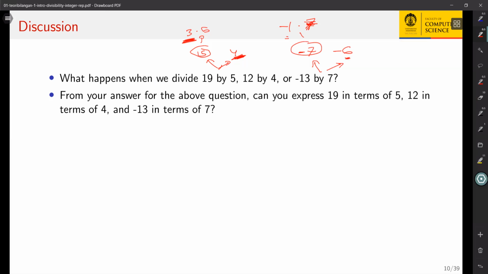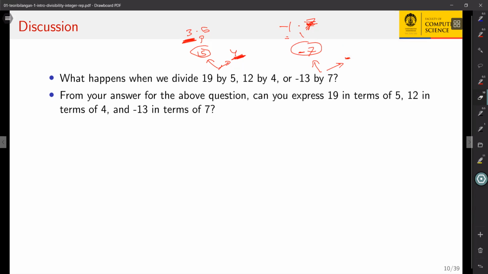Can we restrict the remainder so that it is only positive numbers? We can, sir. So in that case, what do we get for minus 13 divided by 7? The remainder, 1, sir.